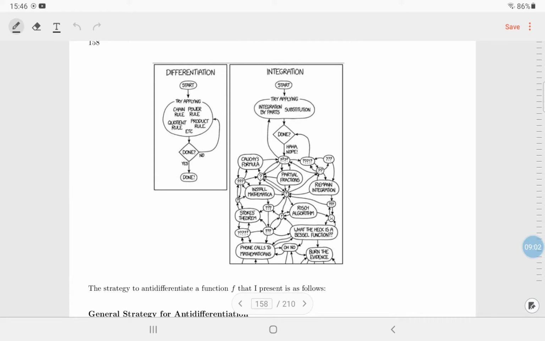Now, the issue is that if you're doing integration, you have to do antidifferentiation. This is just to show the difficulties of integration and all the different methods you have. The first method is called a direct method, which doesn't even appear on this slide.